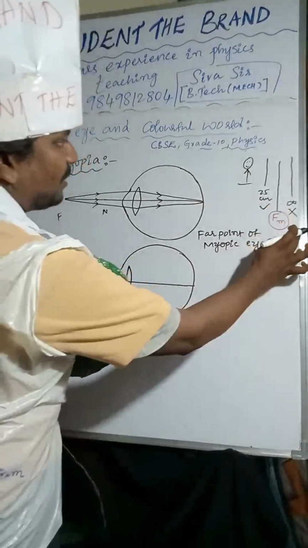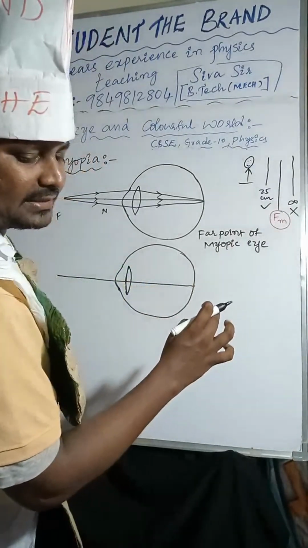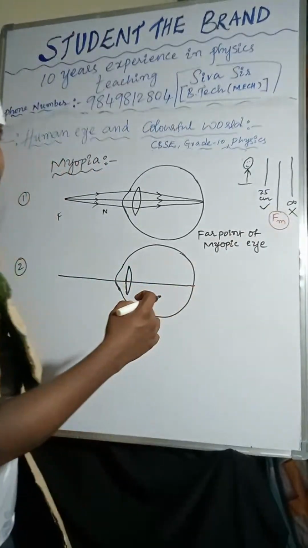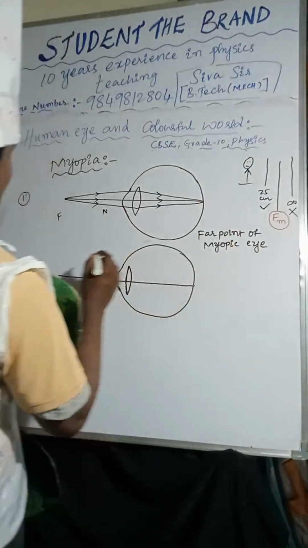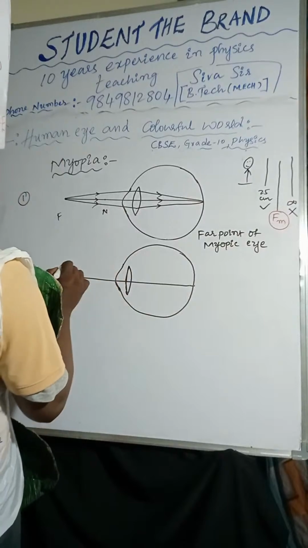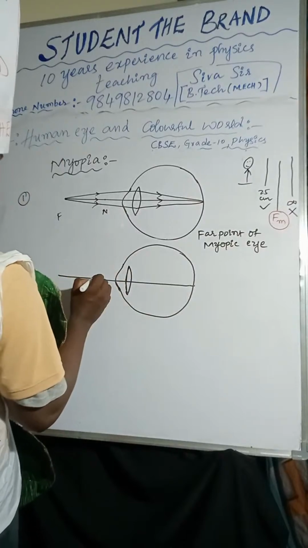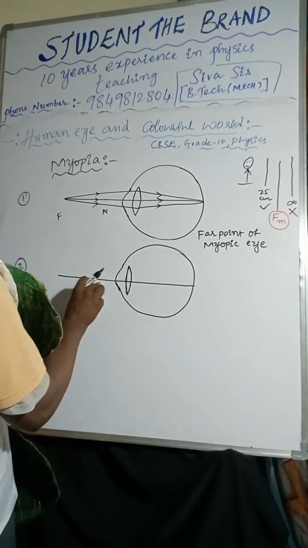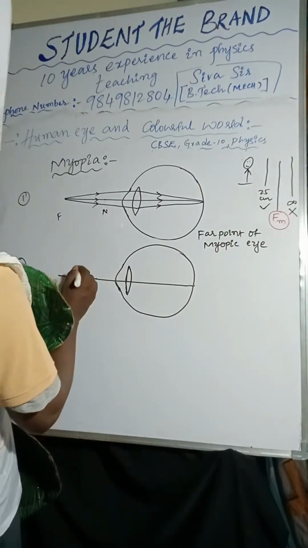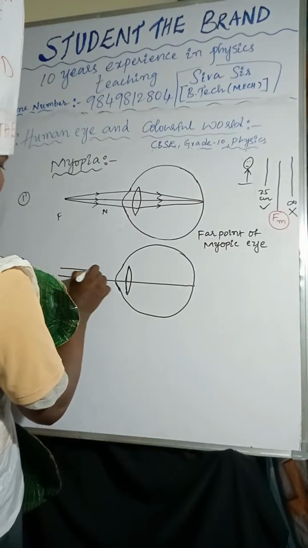So as I said, if the light rays are coming from infinity, the person can't see. So this is the near point. Anyway, again, I am taking the light rays.